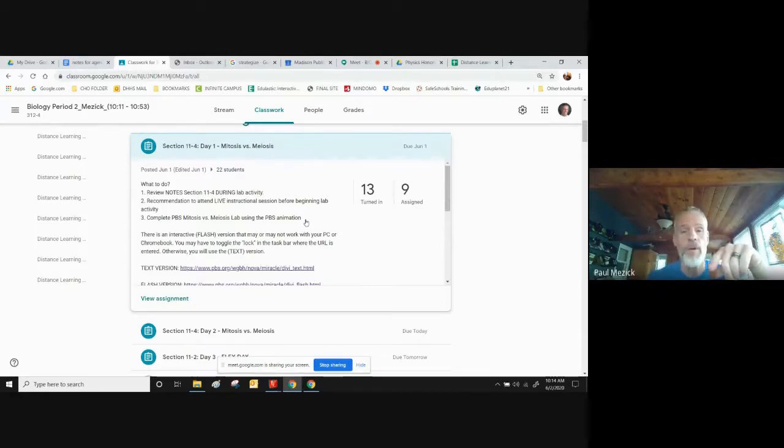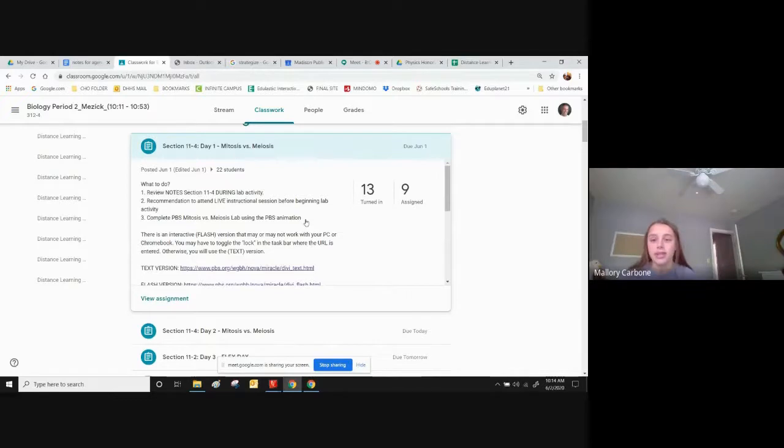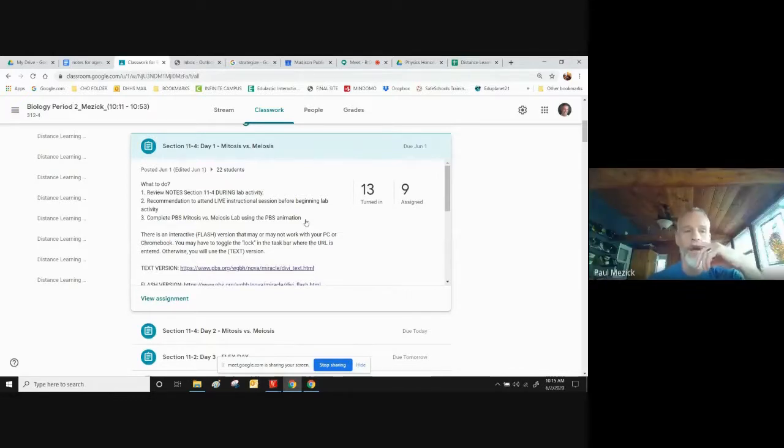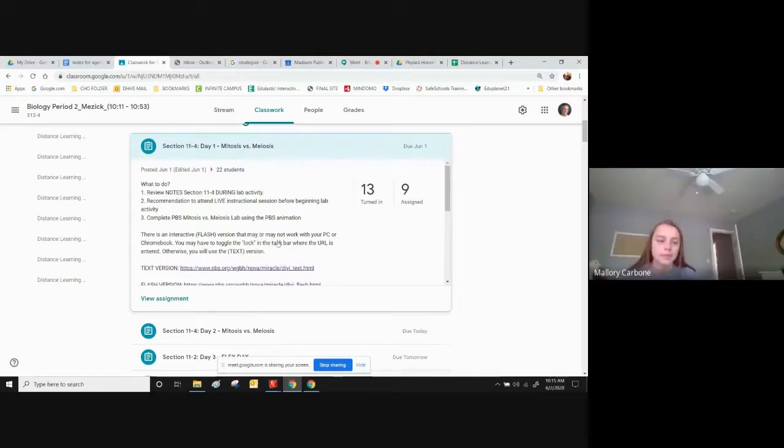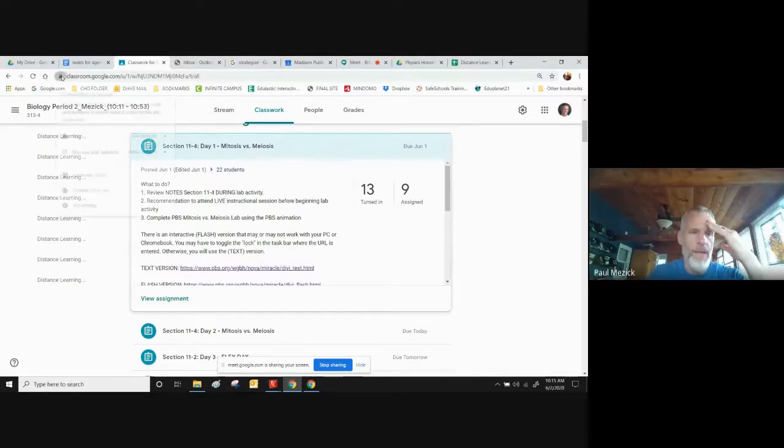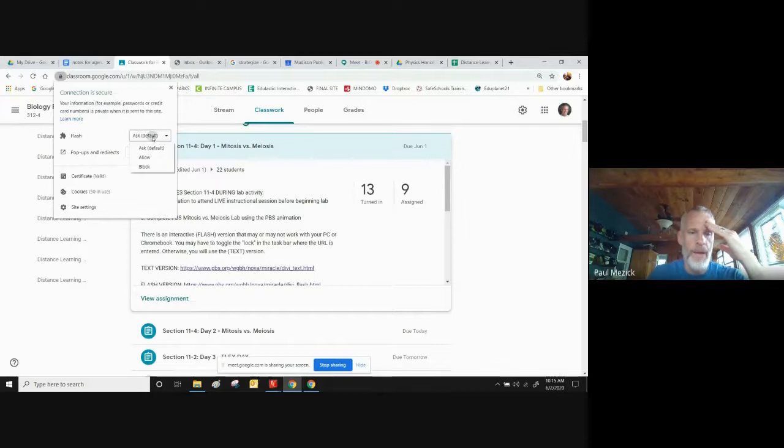Are you using a Chromebook with that? Yeah. And so did my directions work or did it automatically work on your computer? You had already set it for Flash. I just clicked the link and it opened up. Oh, cool. Okay. Because in the upper corner, you can see my screen, right? This little lock icon has a setting where, for some Chromebooks, Flash is blocked.